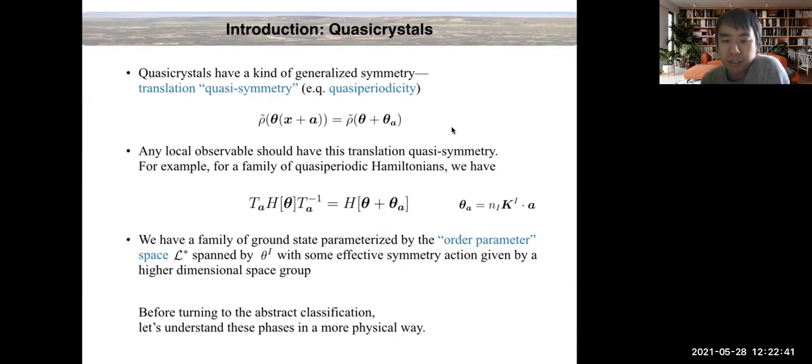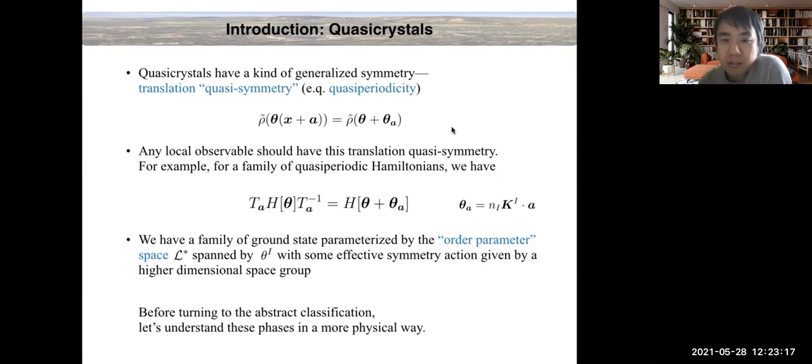So the right way to look at the quasicrystal problem is not to look at only one Hamiltonian, but at a family of Hamiltonians parameterized by theta, with a symmetry acting on this parameter space. Equivalently, you can look at the ground state of this family of Hamiltonians with some symmetry action on this parameter space. I will call this parameter space the order parameter space in this talk. I will explain that later.